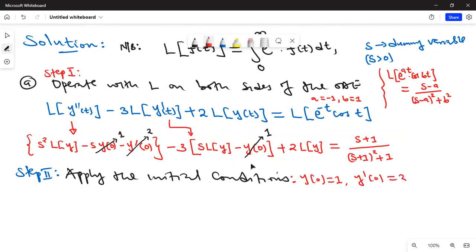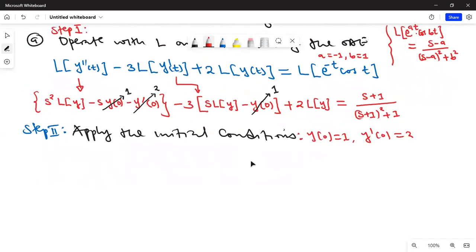So when we substitute those, what are we going to get? We're going to get s squared Laplace transform of y. Remember, I said y is a function of t, it's better to write y of t. Then minus s minus 2. Then we have minus 3s Laplace transform of y of t.